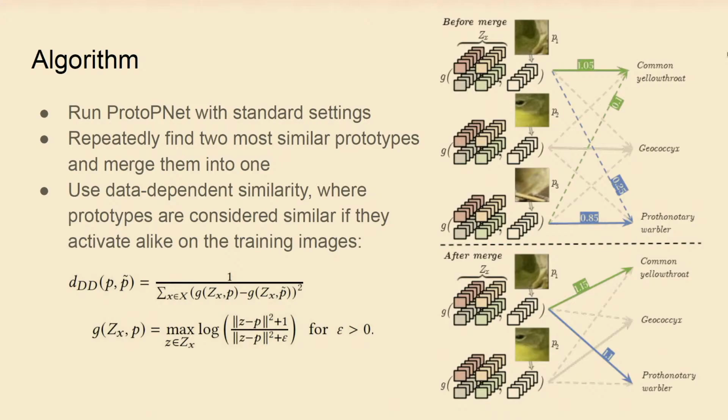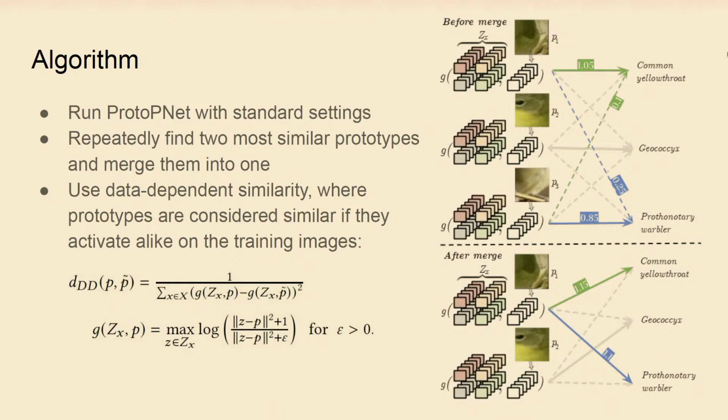For example, here we saw that prototypes P1 and P3 correspond to the same thing, right? And we use a special type of metric to analyze the similarity between prototypes. And we merged them together.